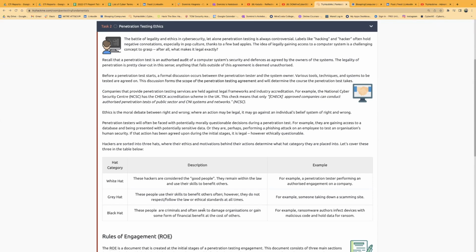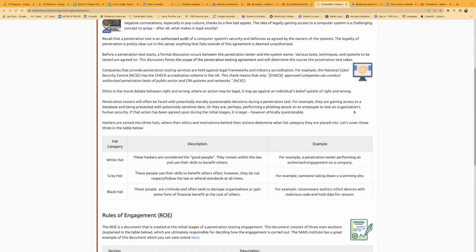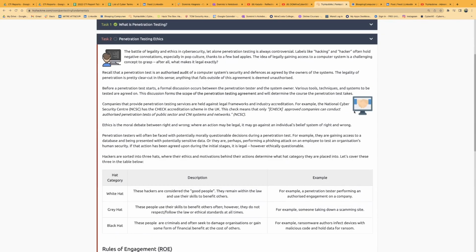But as far as that, there are some legal things or actions that have to take place before the penetration test even starts, right? A formal discussion has to occur between the penetration tester and the system owner or the client. Within that discussion, they'll be talking about different tools, techniques, systems, and what's going to actually be tested.